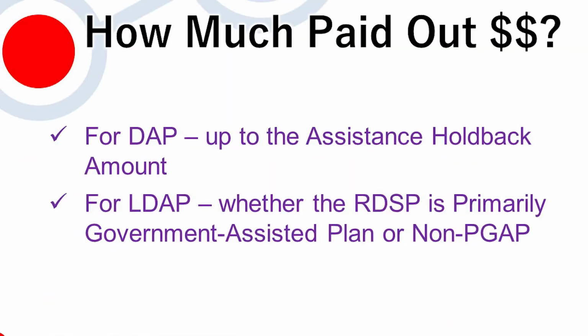The second situation is the reverse, that the amount of own contribution is less. If it is less, in that case, it is called a primarily government-assisted plan. If it is not, then it is a non-primarily government-assisted plan.